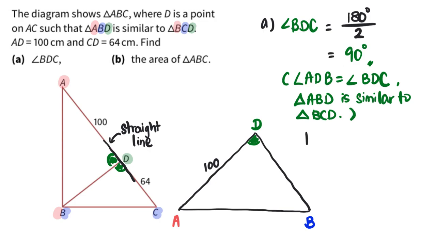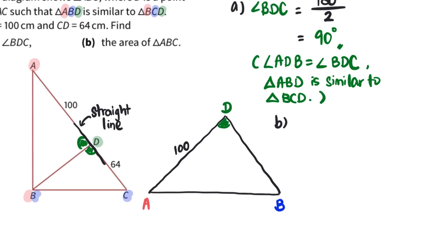Now for part B, it requires some working, so I'm going to focus on the two triangles. This triangle here, which I'm going to color code, and my black color triangle, the big triangle that I have drawn out in the same orientation.